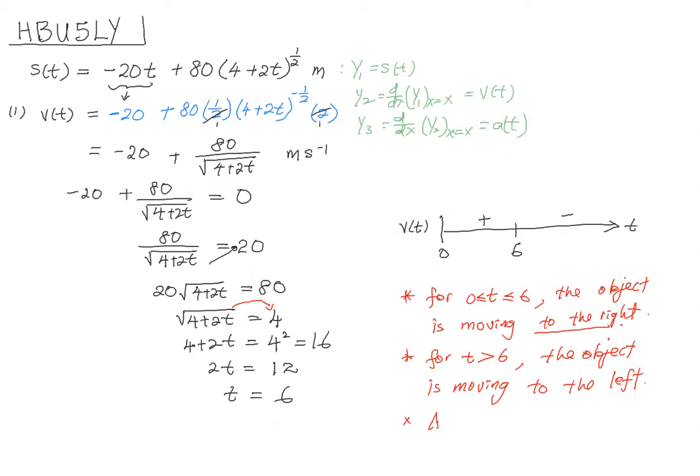At t equals 6, what can you say about the motion of the object? Wen Cheng. It reverses its direction. Correct. It reverses its direction of motion.